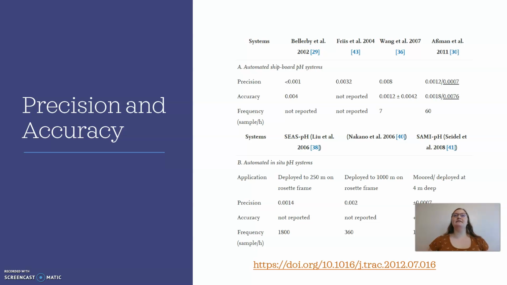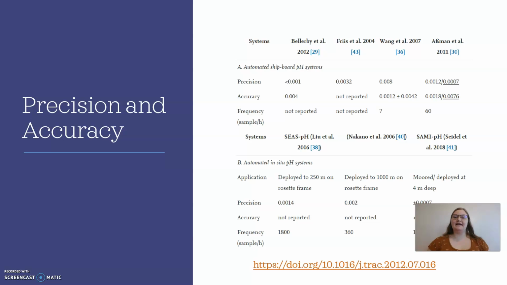Because it's been speculated and estimated that pH in the oceans changes around 0.002 pH units per year. And so the precision for the systems that we use has to be greater than 0.002 pH units.